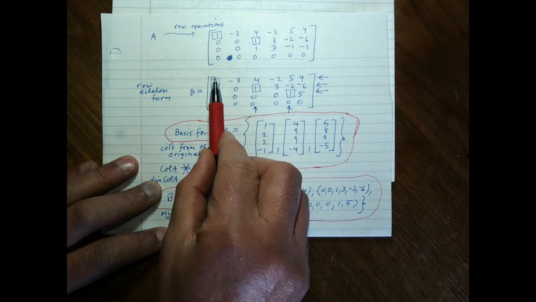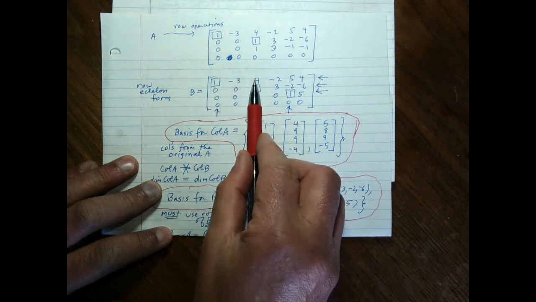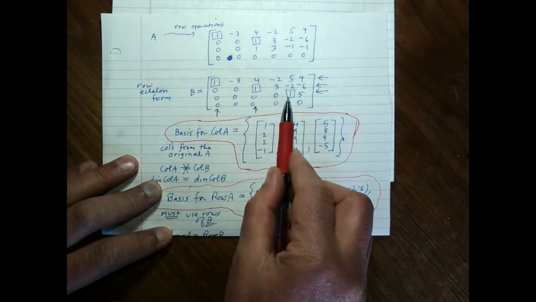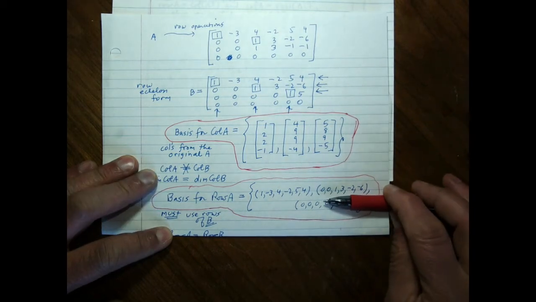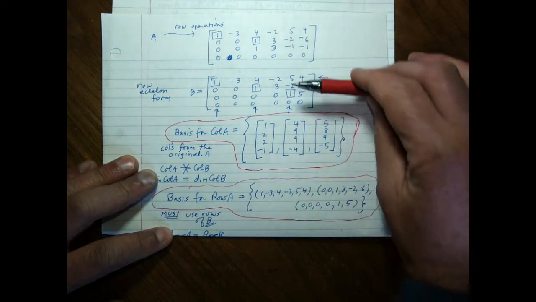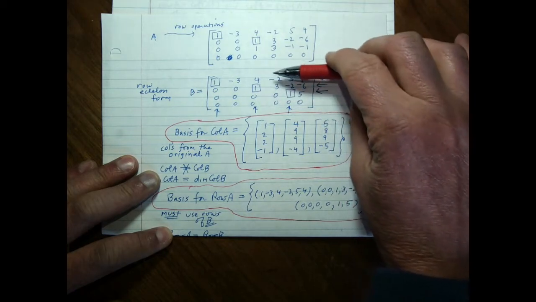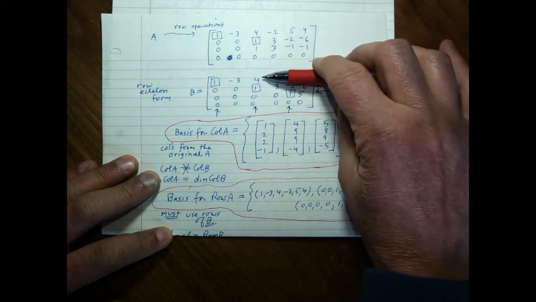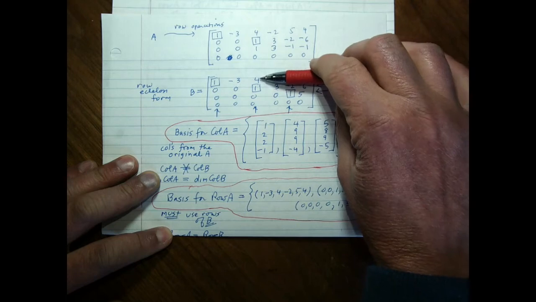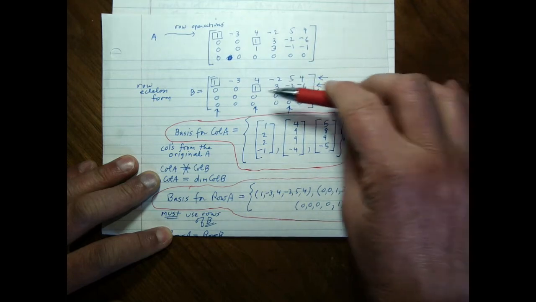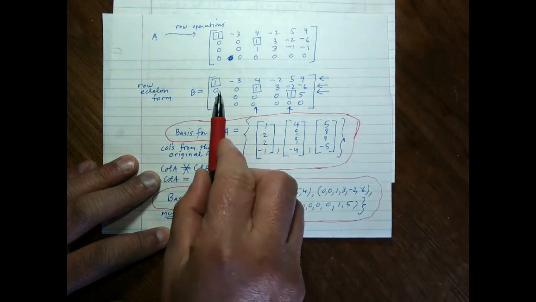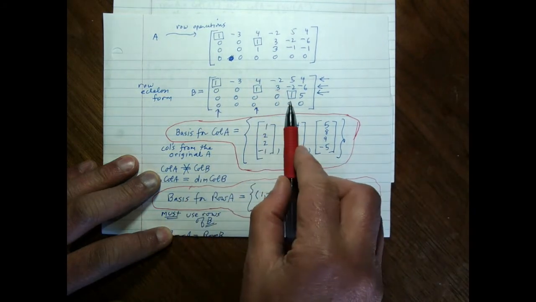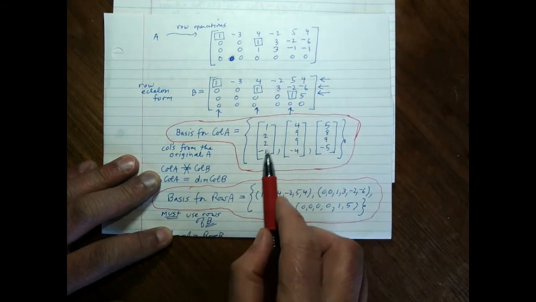The number of vectors in the basis for row A came from each row that has a pivot position. Well, there are 3 pivot positions, so there's 1, 2, 3 rows. So 3 rows containing a pivot give us the basis for row A. 3 columns containing a pivot, they're not the actual basis vectors, but they tell us where to find the basis vectors in the matrix A.